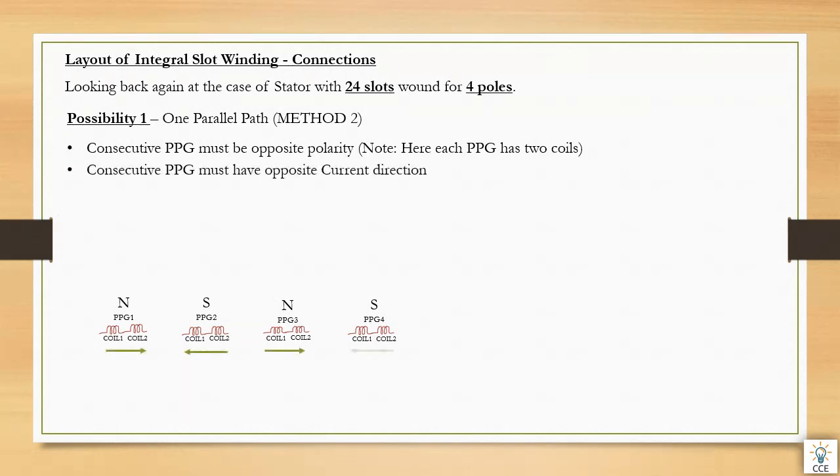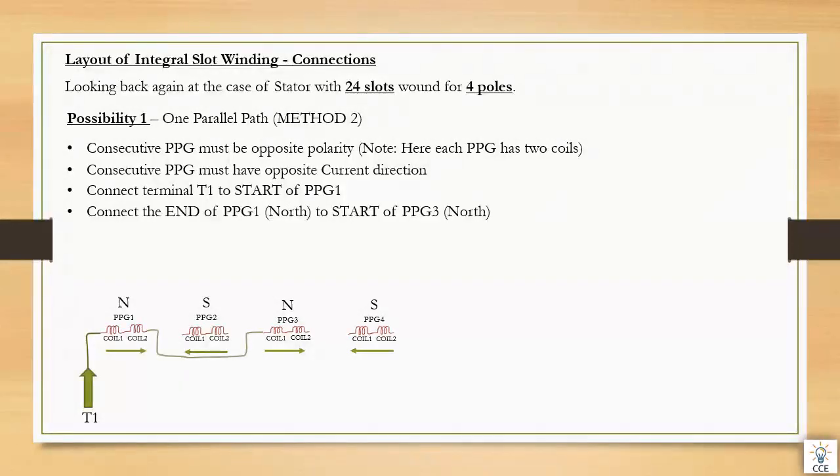Now again, the current direction should be opposite with respect to the earlier pole phase group, just to make the polarity different. Now again we connect the entry terminal for the current flow to the start point of pole phase group 1. Then we connect the end of the pole phase group 1 to the start of pole phase group 3. So here comes the first change, and that's why we call this method 2.